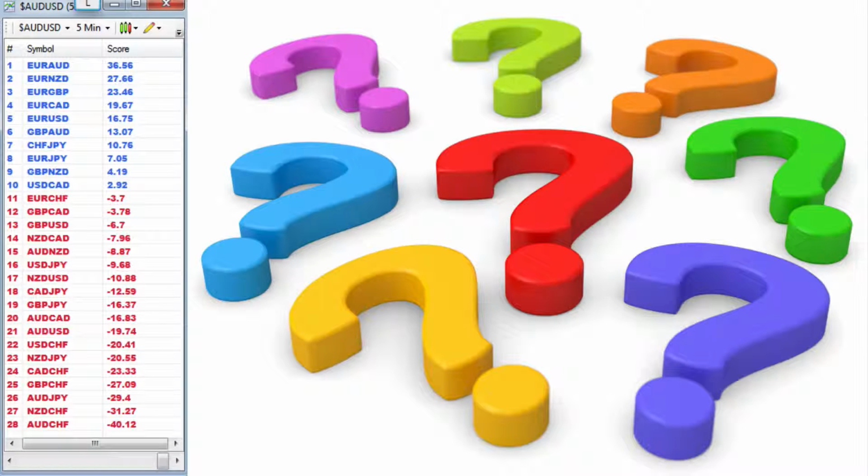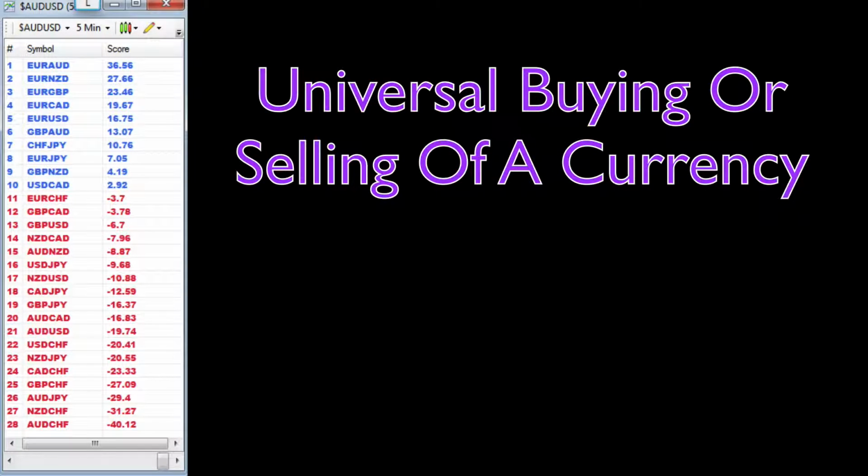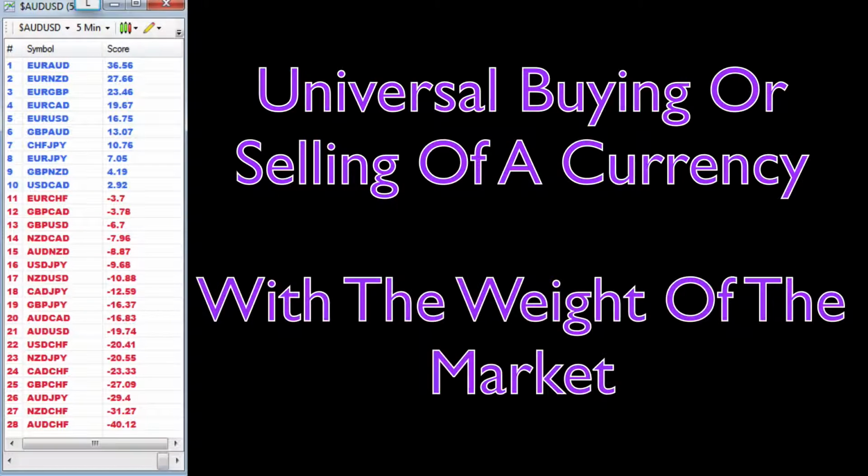After all, you are now taking a position based on a view across the market. First, if you are basing your decision on universal buying or selling of a currency, then you are trading with the entire weight of the market and not just on the analysis of one currency pair. It's low risk.